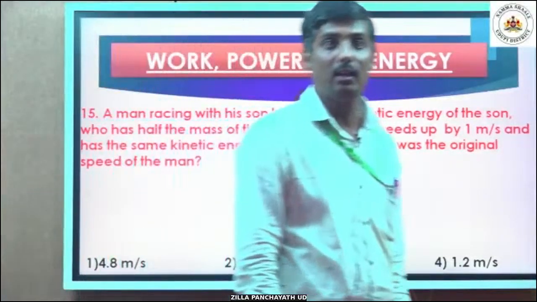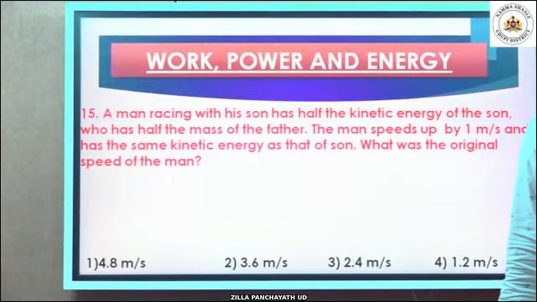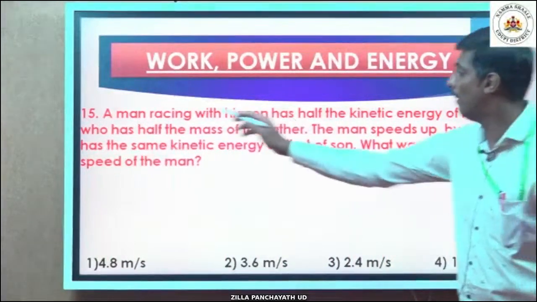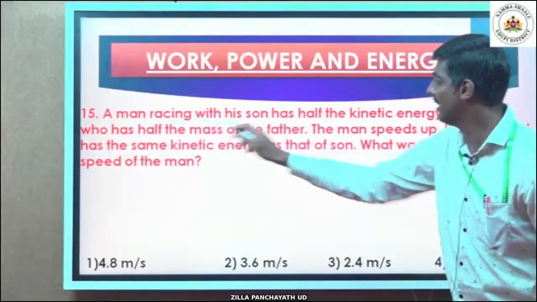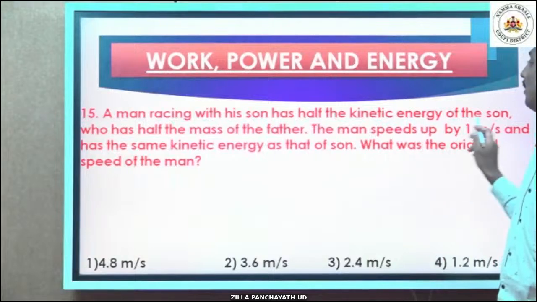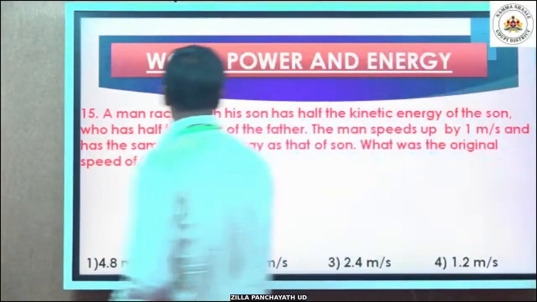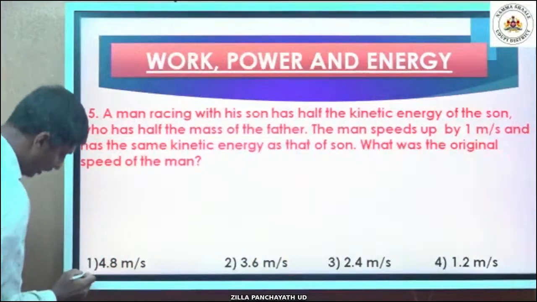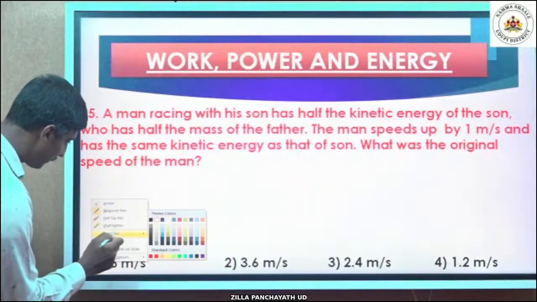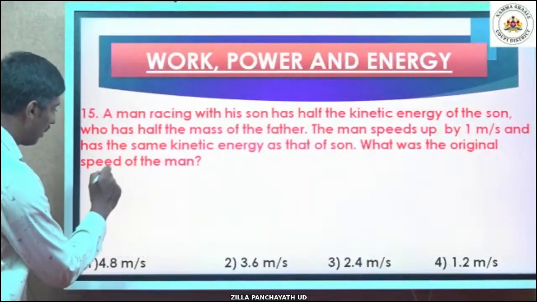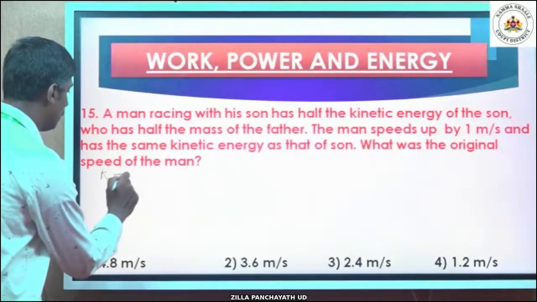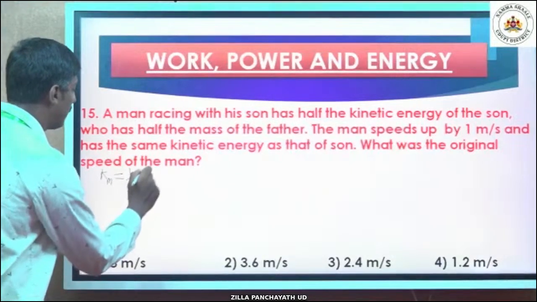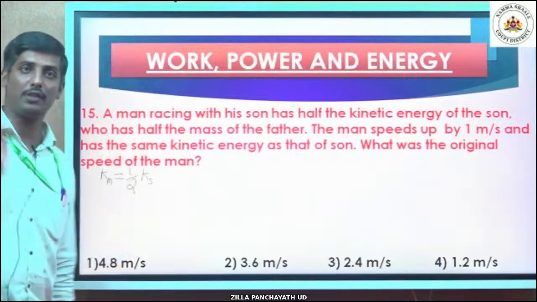A man racing with his son has half the kinetic energy of the son. Let us go sentence by sentence, children. A man, the father, is racing with his son. The man racing with his son has half the kinetic energy of the son. So what can I write? Kinetic energy of the man is half the kinetic energy of the son. Is that right, children? That is the first statement.